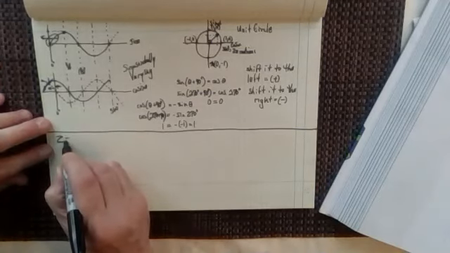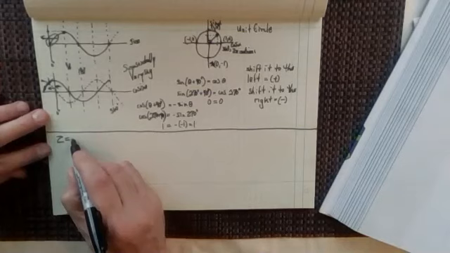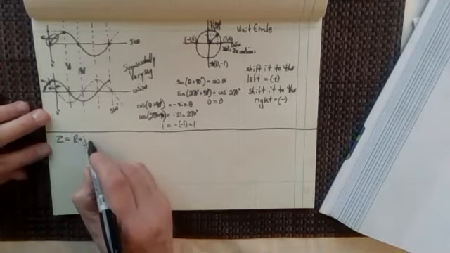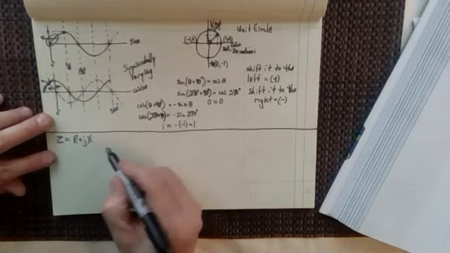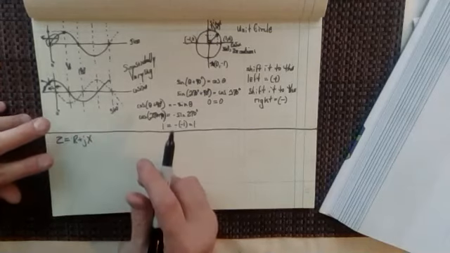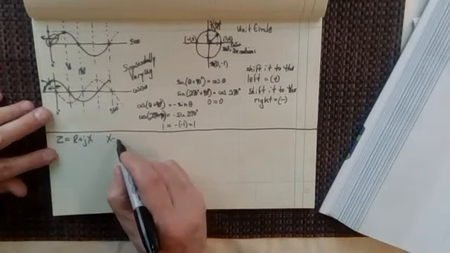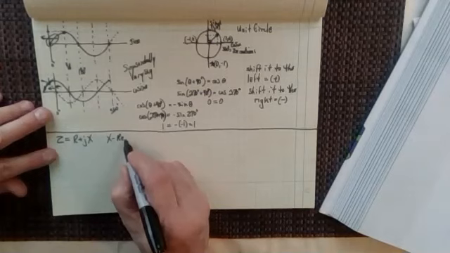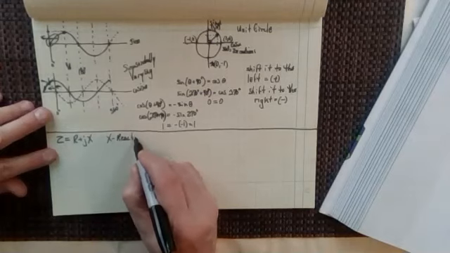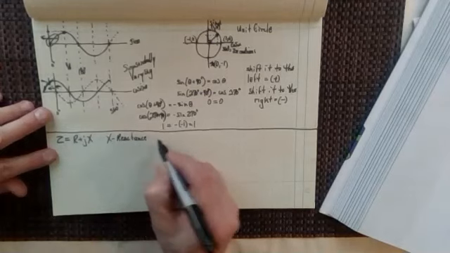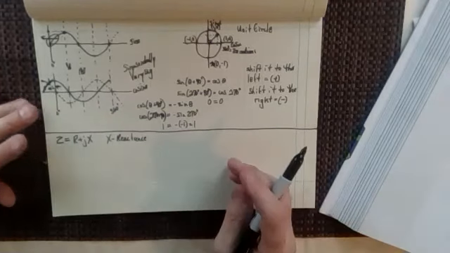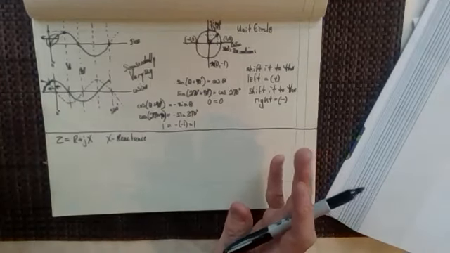Impedance is a complex number, isn't it? It's R plus JX, R being resistance and X being reactance. I'm not even going to write out resistance, because I think everybody knows from the DC network theory that we've done that R represents resistance.